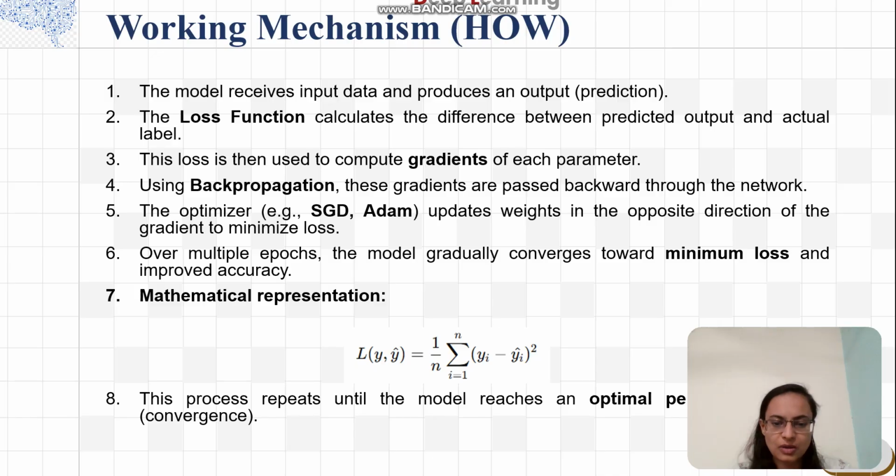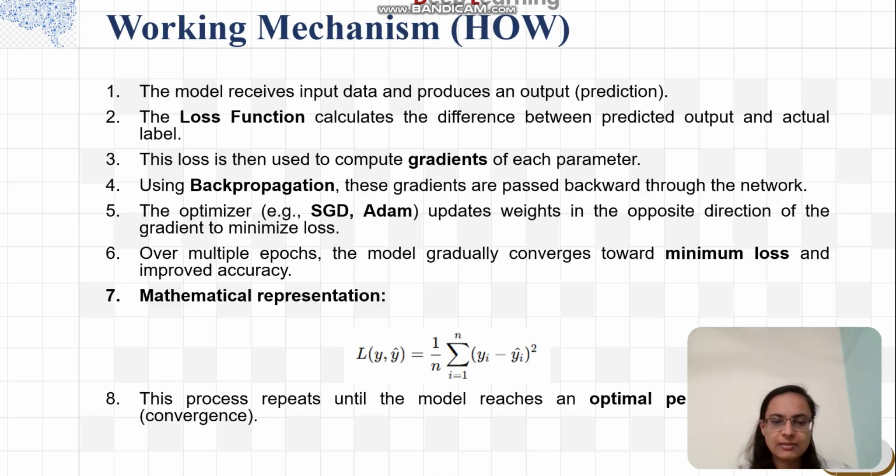Over several epochs, this iterative process helps the model gradually minimize its loss and improve its accuracy. Eventually, the model converges at an optimal point where the loss is minimal, meaning it has learned the best possible parameters for that given data.